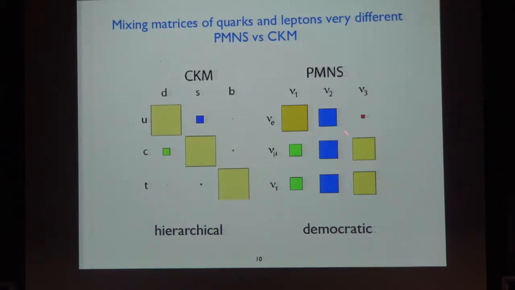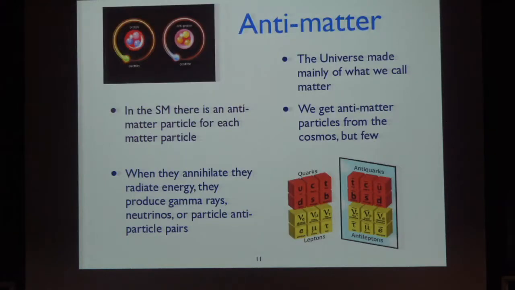But the mixing matrix of the neutrinos is completely different. It's called democratic because the entries are almost all the same size, but not quite. If you see, this one is very small. So this is a very big puzzle in the standard model, and there is a lot of research going on about how to get these different CKM and PMNS matrices.